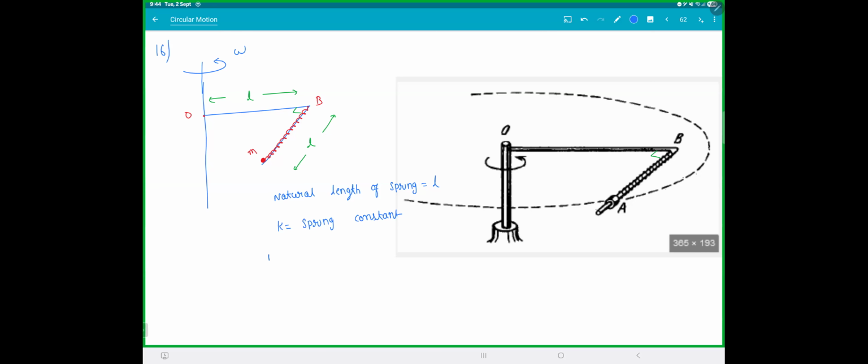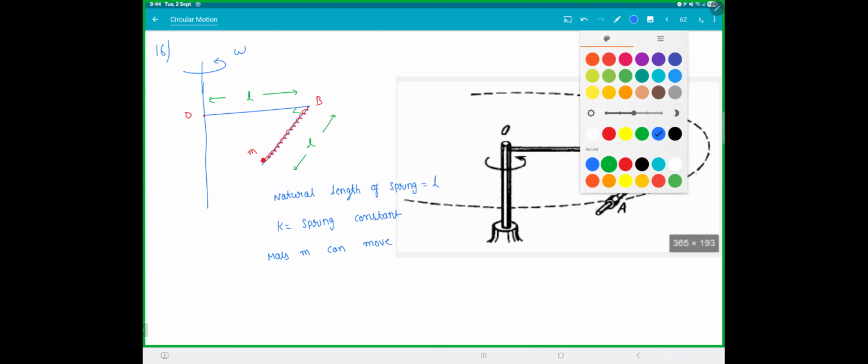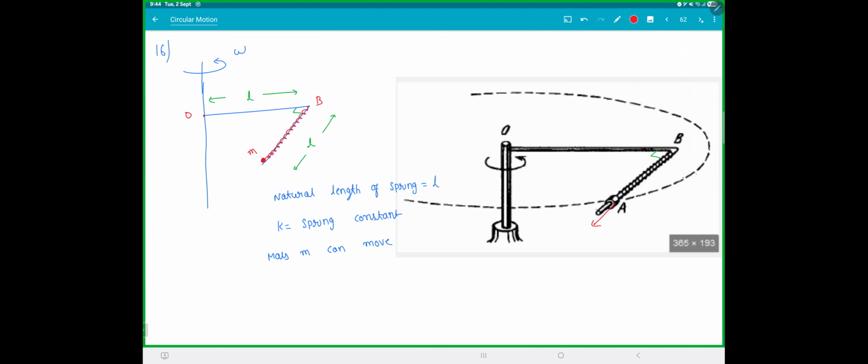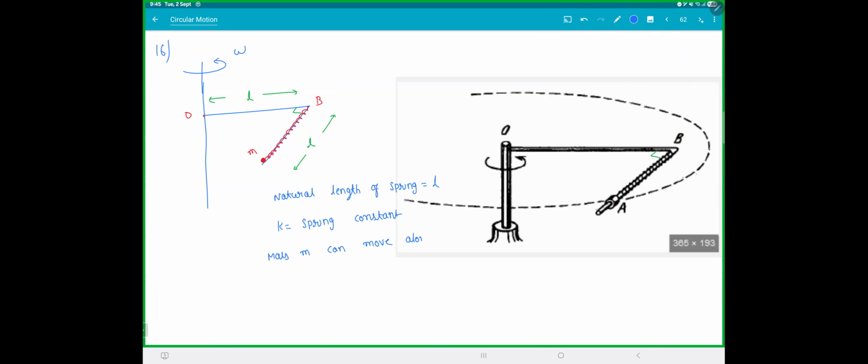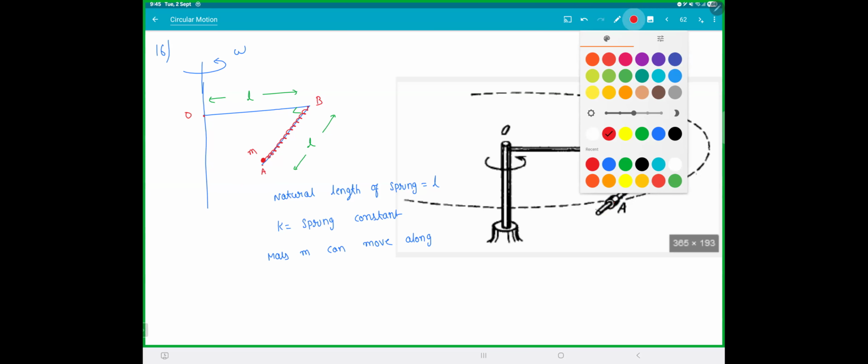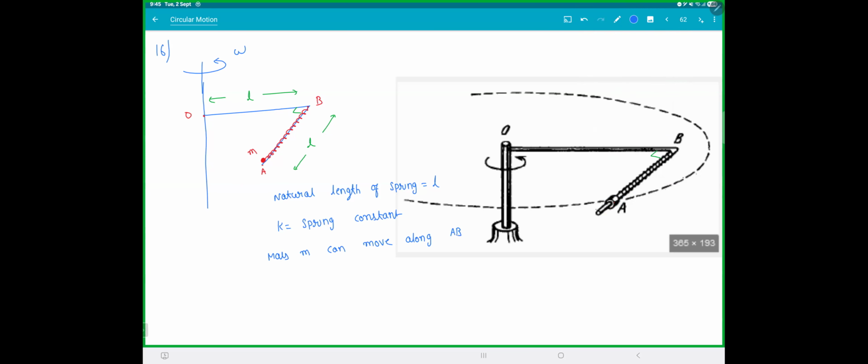So that mass M, which is connected, can only stretch in this direction along the rod, in and outside of the rod. I think this is a better picture. You can see it's like a small bead here, which can just move up and down. So this can have motion only along this AB rod. So now if you start rotating this, find the elongation of the spring in equilibrium.